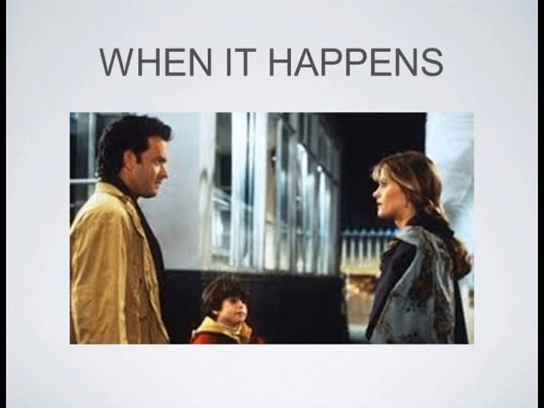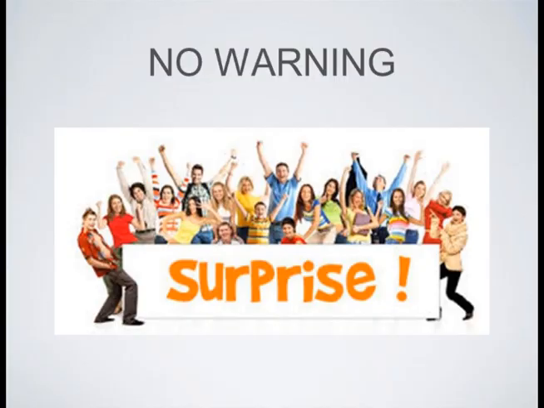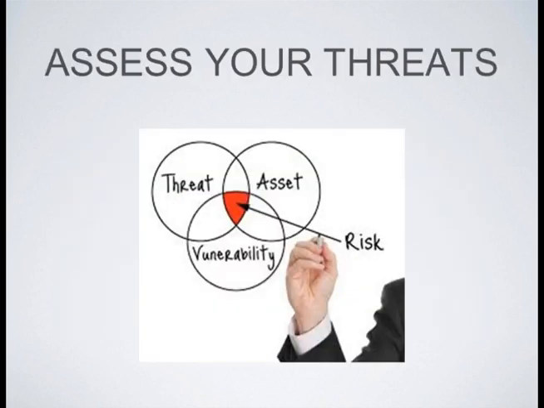Until it happens, you're not going to know that you had a data breach, because typically there's not any warning that someone's going to take steps to try to access your data, or that some employee is going to lose a laptop that has data on it. You won't know until it happens. And that's what makes these things so difficult to deal with. So all you can really do is assess the threats that you have, assess your exposures, and we'll talk about what those exposures are in a couple of slides in order to go forward.